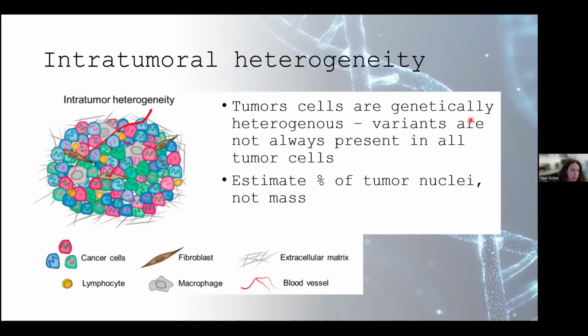The area is very different than the percentage of the tumor nuclei, and inside the tumor mass, we might also have fibroblasts, blood vessels, etc. So always try to look at the tumor nuclei and not at the mass, because at the end of the day, the nuclei are what contains the DNA, and that's what we're testing.